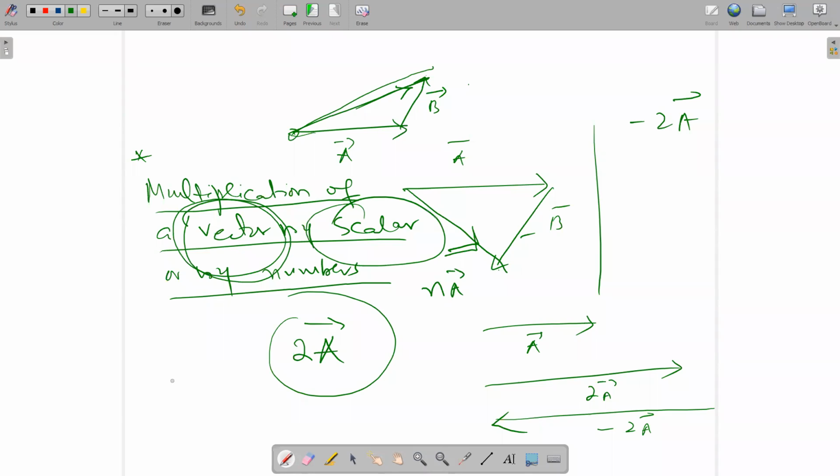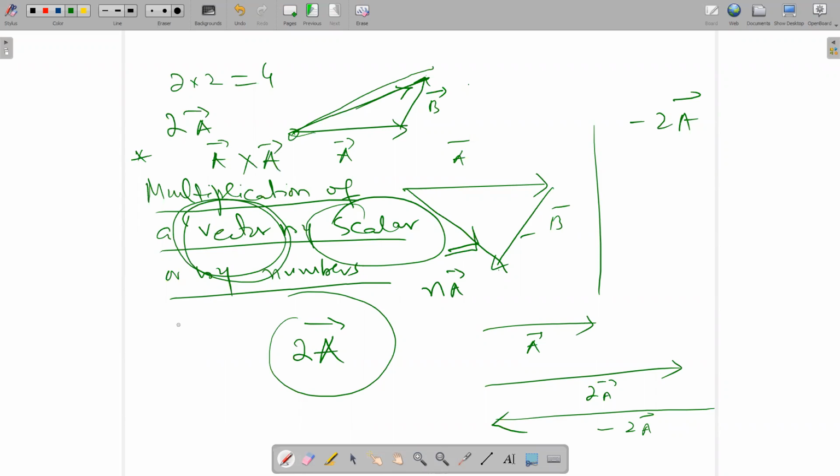But we can also multiply two vectors. Two scalar multiplication you already studied in class 3, 4. You know that 2 multiplied by 2 is 4. But here you are studying 2 multiplied by some vector. You will maybe not study it in this syllabus, but I will tell you something about how to multiply a vector and a vector.